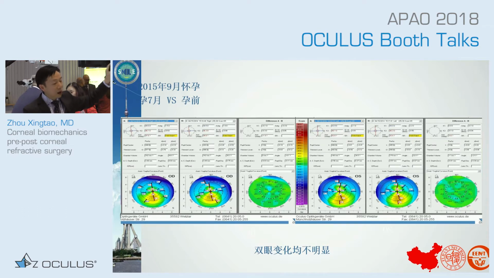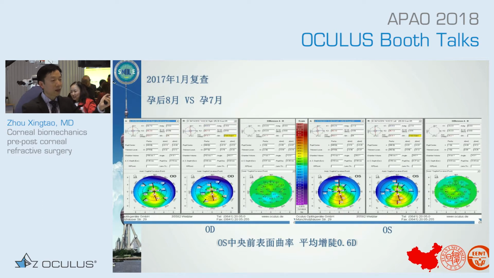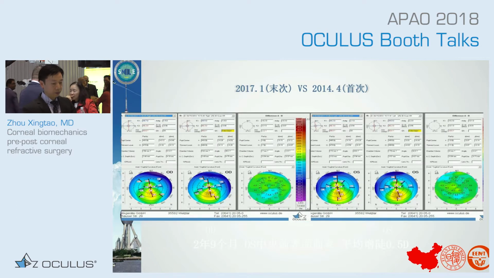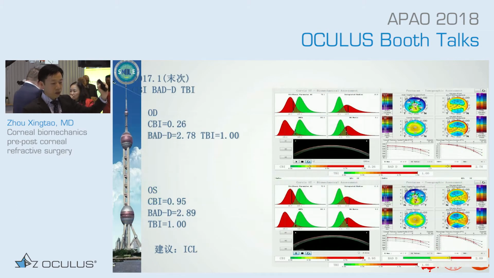Afterwards, she came for follow-up because she was pregnant, so we didn't do surgery for her. Until January 2017, the patient's topography had changed a little bit, about 0.6 diopter steeper.